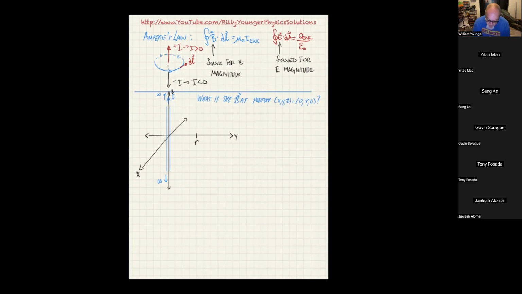Okay. So to work this problem, I'm going to say solution, and we're going to use the closed integral of B dot dL is equal to mu 0 I enclosed.